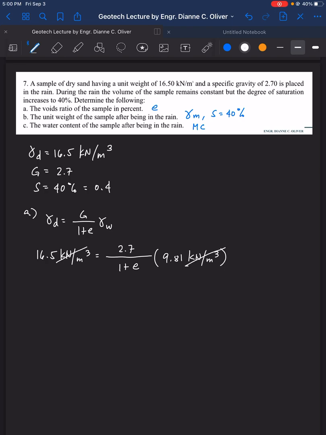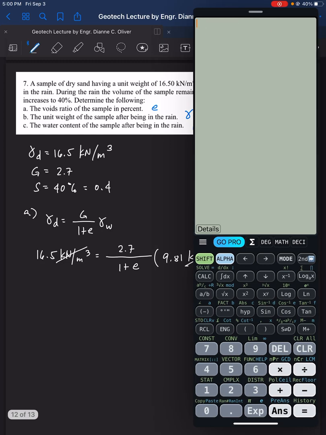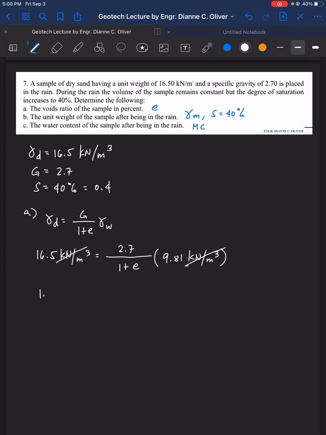Cancel this one out. So what is 16.5 divided by 9.81? So 1.682. So 1.682 plus 1.682E equals 2.7.